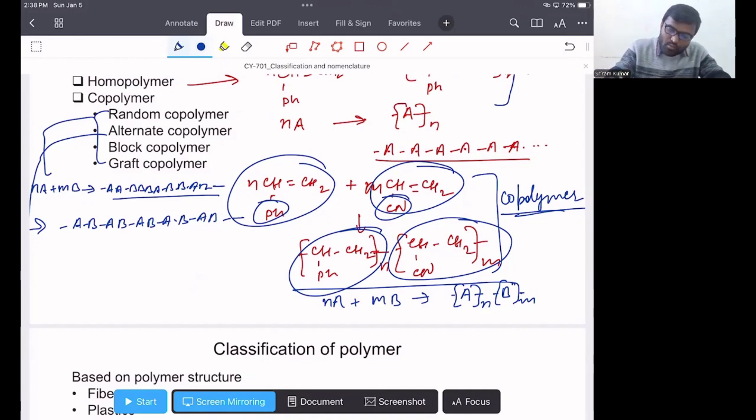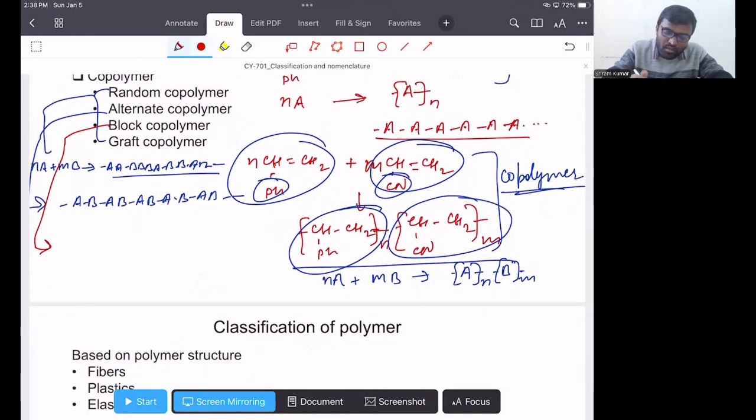And in the block polymers, you have two kinds of blocks: a polymer part of A monomer and a polymer part of B monomer.